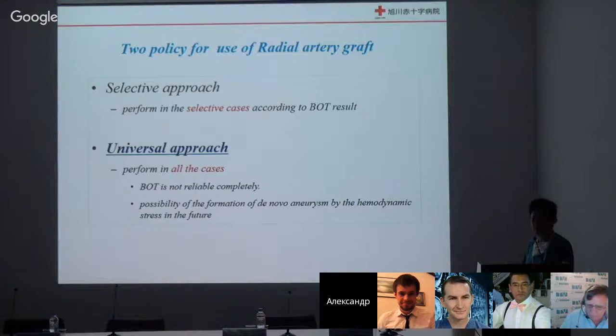I take the universal approach, because the balloon occlusion test is not reliable and sometimes fails, giving false negative cases. Also, there is a possibility of the formation of a de novo aneurysm because of the hemodynamic stress, especially in young patients. So I recommend the universal approach.